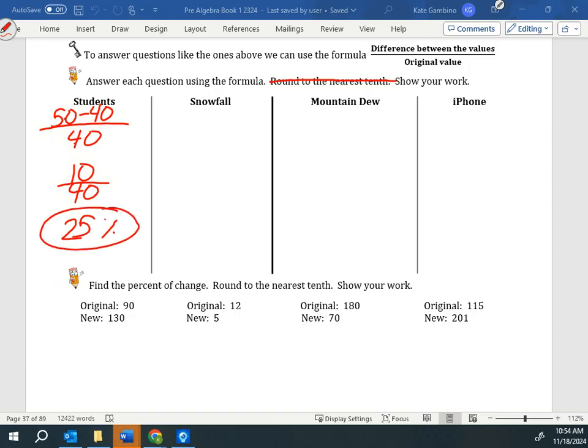So let's do our snowfall. Last year was 47 inches. This year's 28 inches. How do I find the difference? Michael? 47 minus 28, and I'm going to divide it by what number? What's my original value, Amala? 47. So what's 47 minus 28?